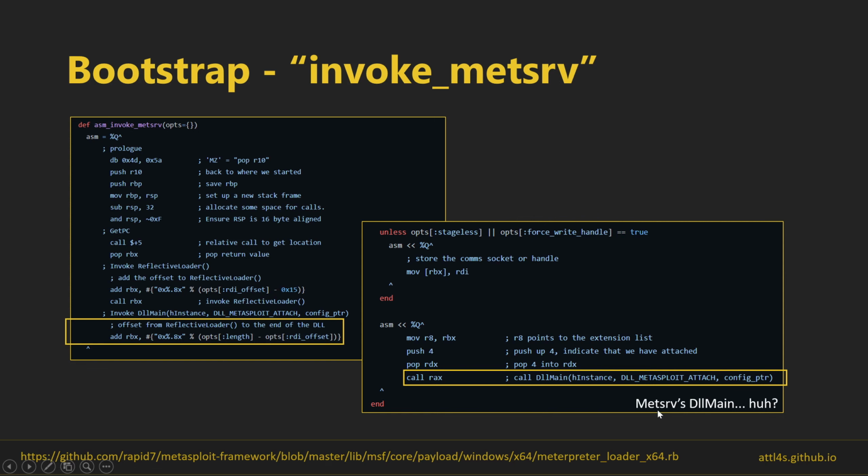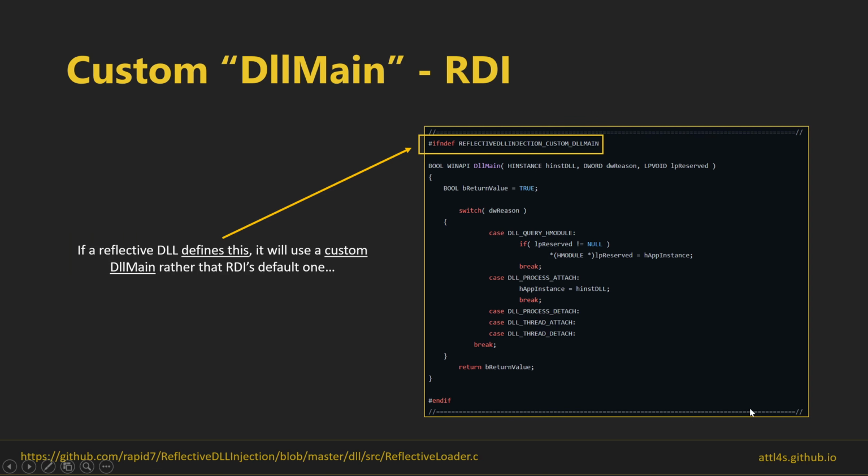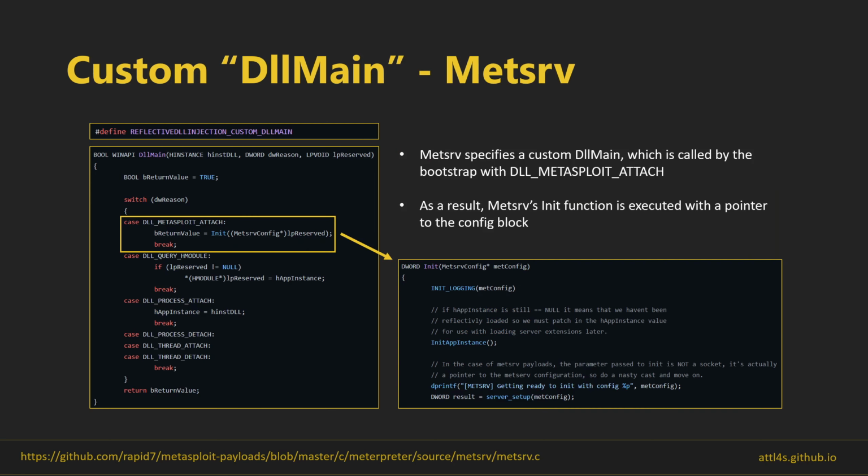And yeah, here I say MetServer DllMain. If we go to the reflective loader source code, we're going to see this. If this variable, REFLECTIVEDLLINJECTION_CUSTOM_DLLMAIN, is not defined, then we're going to use the original DllMain function of the reflective loader repository. So this DllMain is a regular one, nothing fancy. But when we go to MetServer, we are going to see the variable defined.